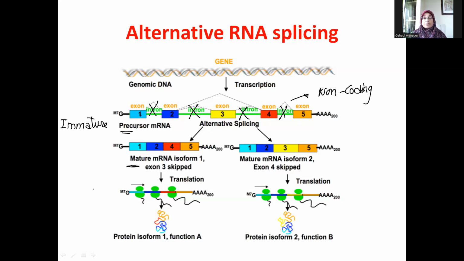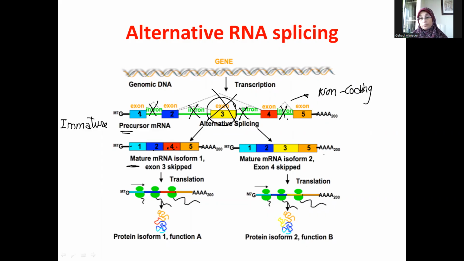But what actually happens is that every mature messenger RNA in such a case consists of only 4 exons. One of them consists of exons 1, 2, 4, and 5, meaning that exon 3 does not figure on the mature messenger RNA, because the enzymes have considered this exon an intron and have removed it.